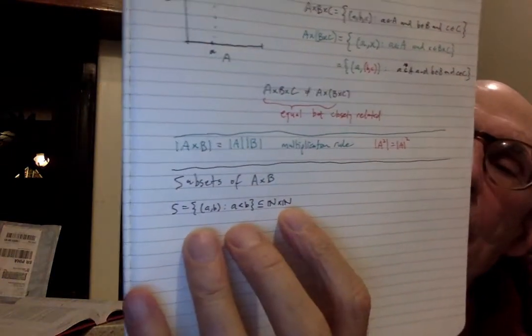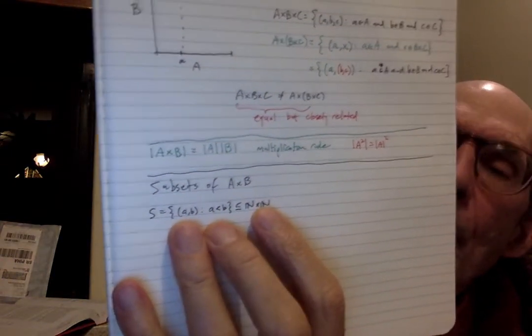The first one is this, and I'm going to call the subset S. So S is the set of all ordered pairs (a, b), where a is less than b, and this is a subset of the natural numbers cross itself, or N2. So that's the setup here.